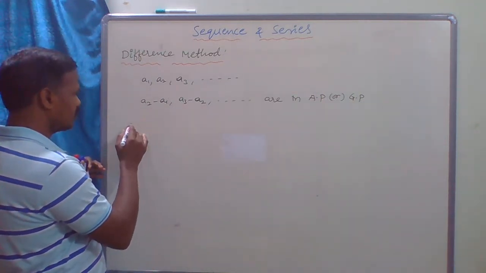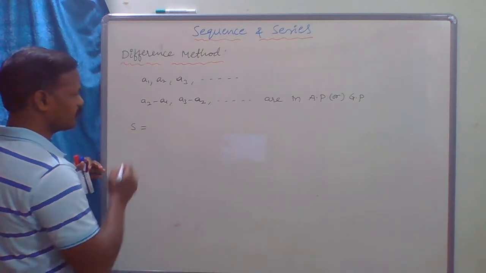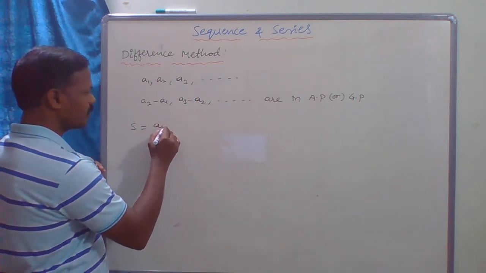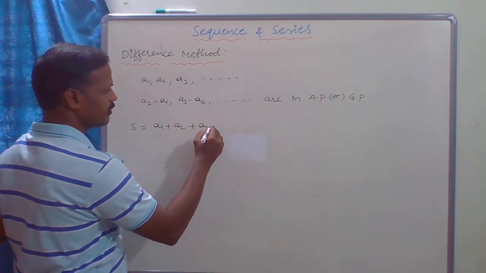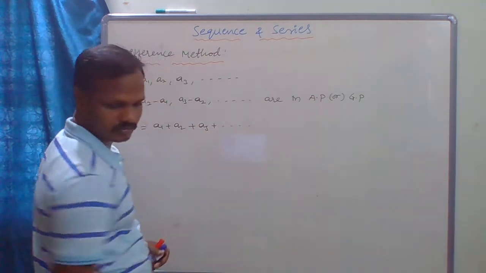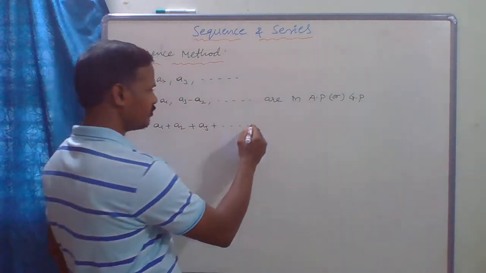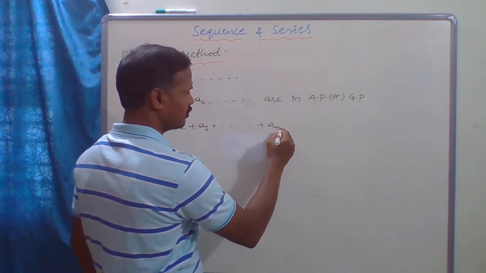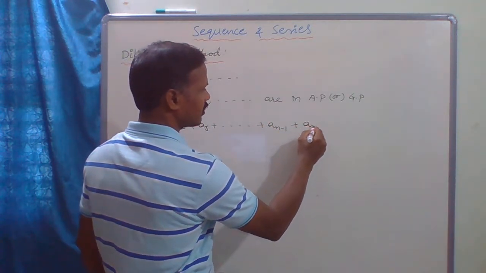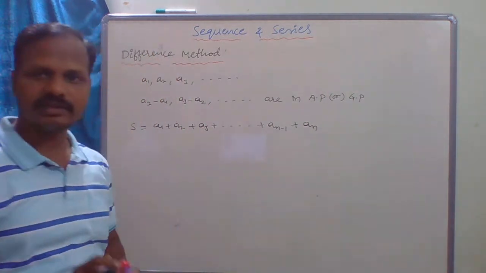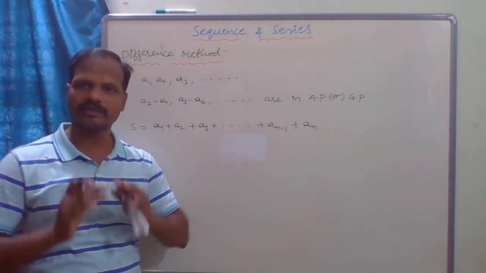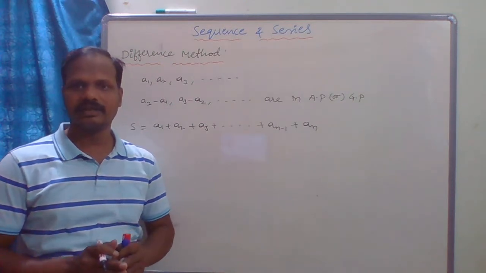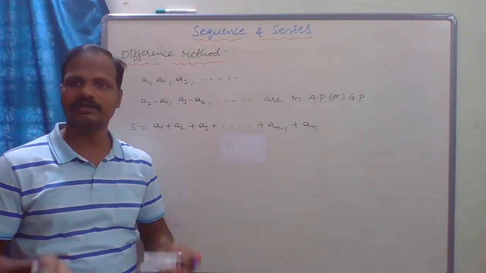Let us consider S equal to A1 plus A2 plus A3 plus so on, plus A n minus 1 plus A n. To find the sum, first of all you have to find the nth term. If you know the nth term of a sequence, then we can find the sum of that sequence.